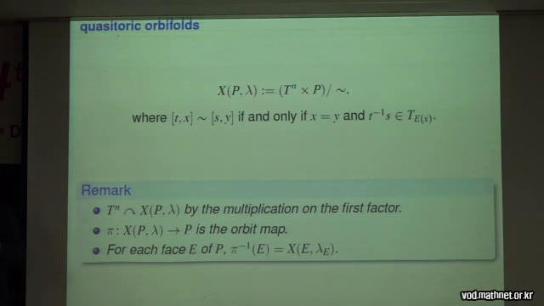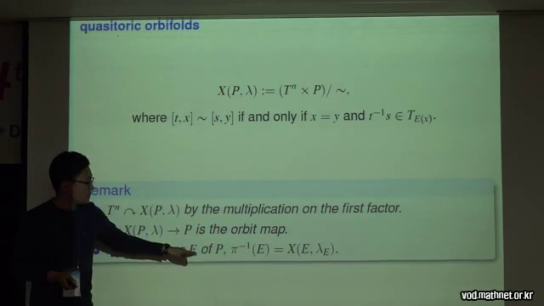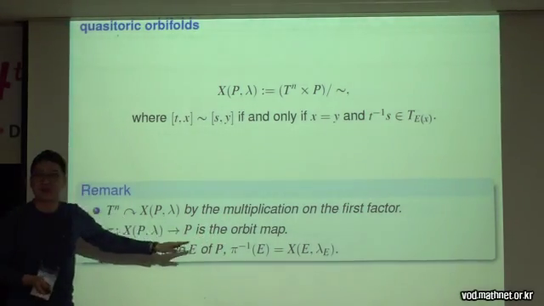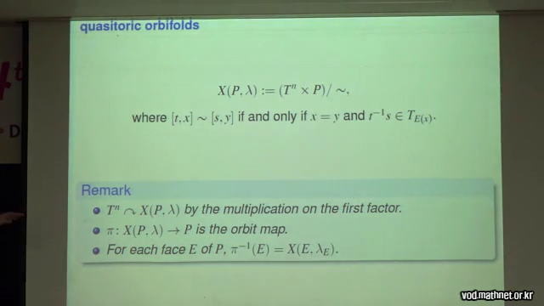So it is a little easier than the moment angle complex quotient construction to see what is the pre-image of this orbit space. And also, if you take a face of P, its inverse image is another quasi-toric orbifold. This is a very key fact in my talk.